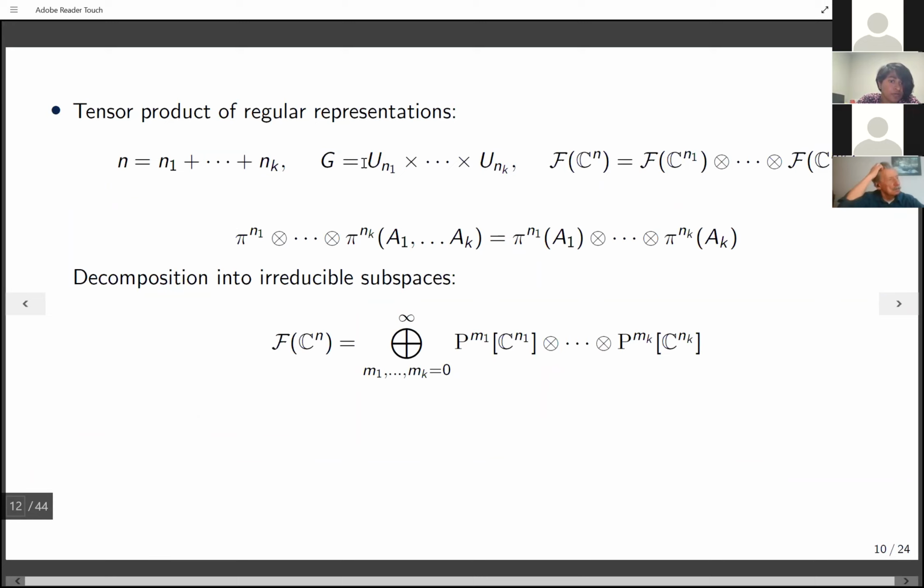For each of these unitary groups, we have the representation that we discussed earlier, and we can consider the tensor product of these representations acting on this group, given by pi n1 of a1 tensor up to pi nk of ak. And so as before, the Fock space can be decomposed now into these tensor products of the spaces of homogeneous polynomials.